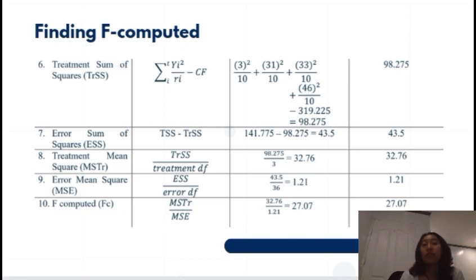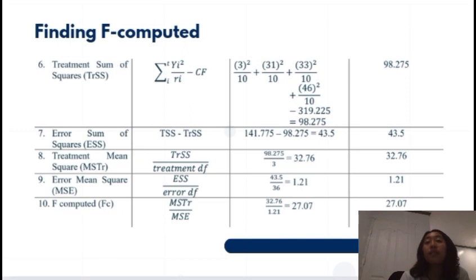And then, the MSTR, so alam naman natin, kanina, to find the FC, we have to find the MSTR and the MSE. So we're already in MSTR. So as simple as that, ang TRSS, ang nakuha nating TRSS ay 98.275 divided by yung treatment degree of freedom, which is 3, is equals to 32.76.